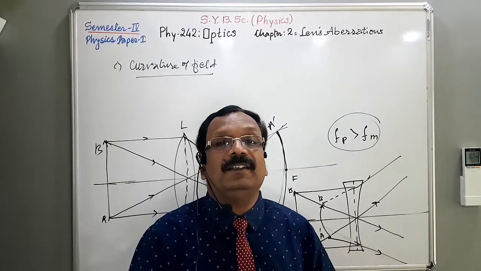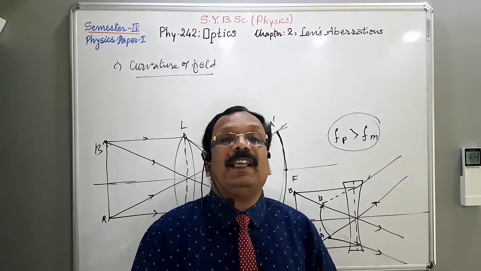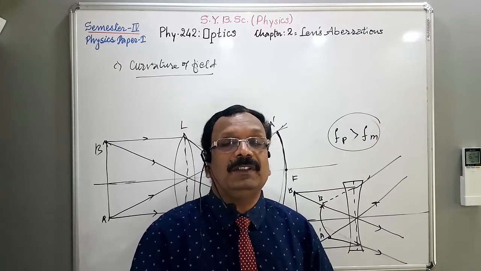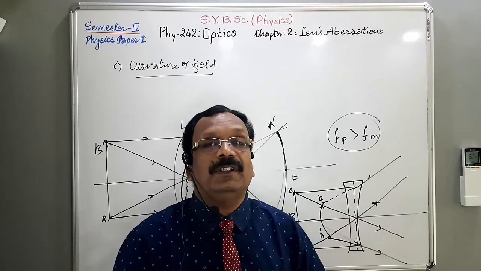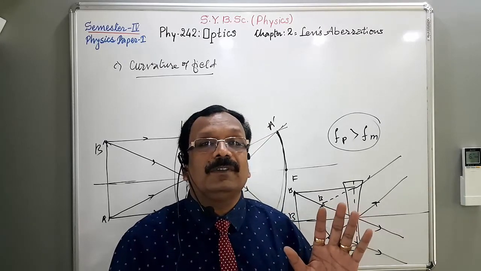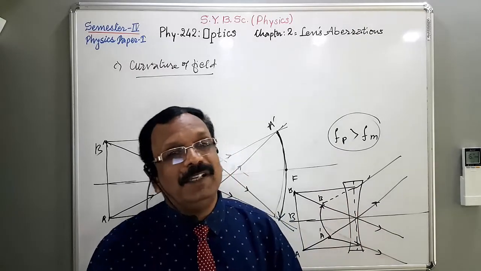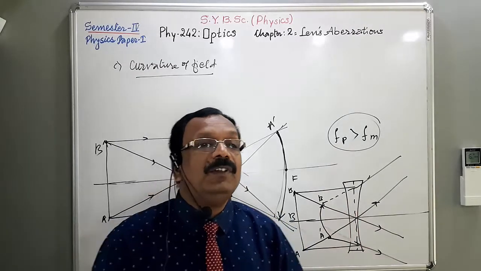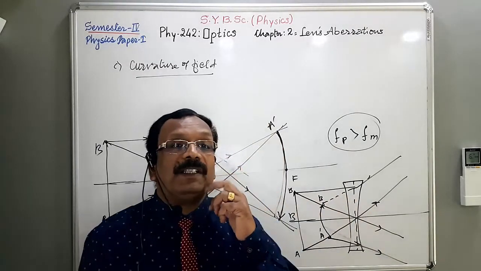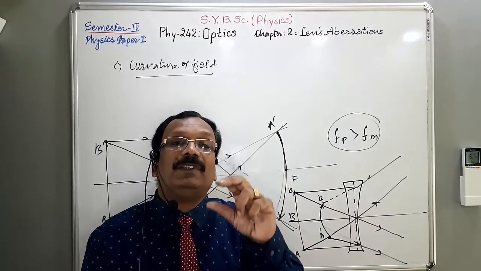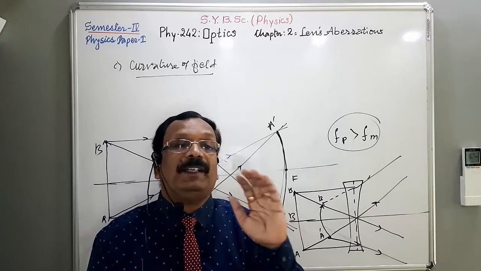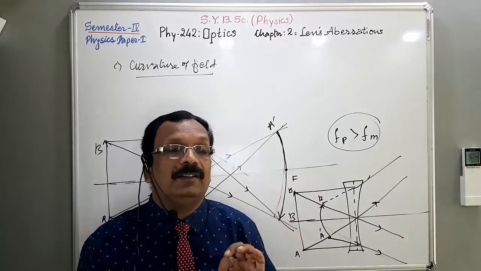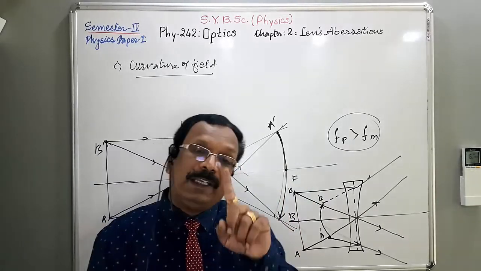But here, we cannot use the mechanism of stops to reduce the aberration. Why is it so? Because this type of aberration is present even if the aperture of the lens is reduced by a suitable stop, usually used to reduce spherical aberration, astigmatism and coma.